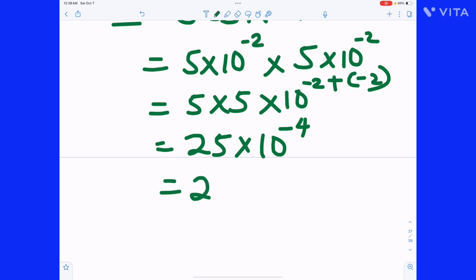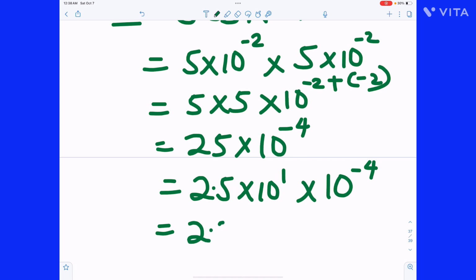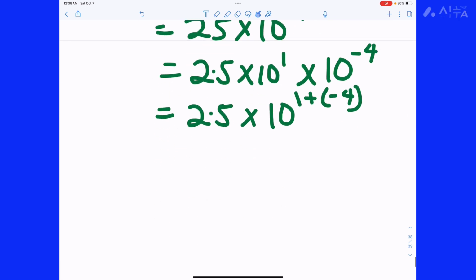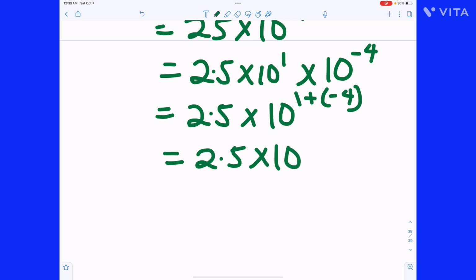So my work done is 2.5 times 10 raised power 1 times 10 raised power minus 4, which gives 2.5 times 10 raised power 1 minus 4.